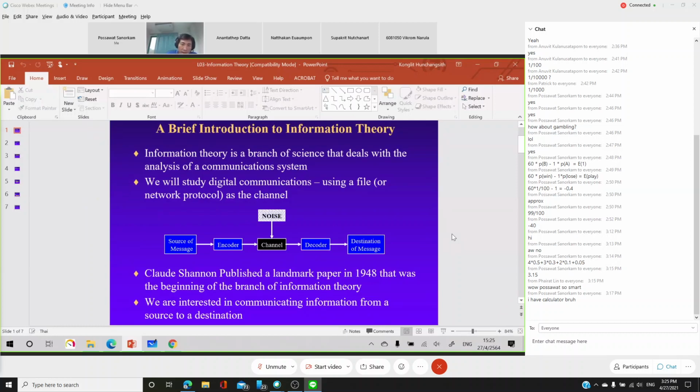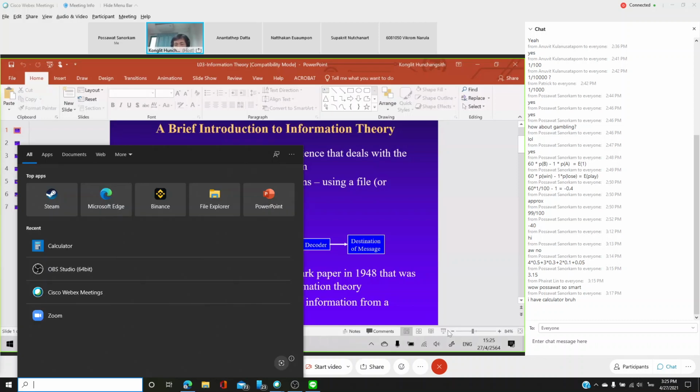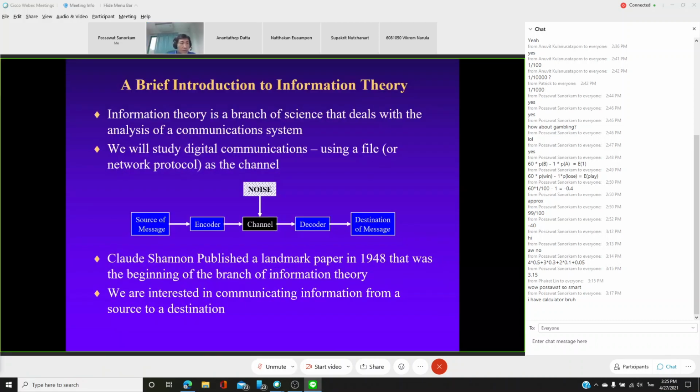This is a theory, a branch of science that deals with the analysis of communication systems. In the graph here, we have source, destination, channel, and noise.